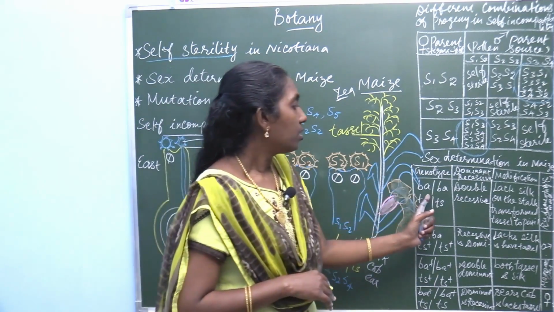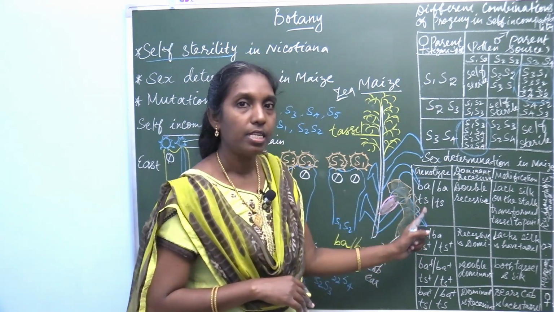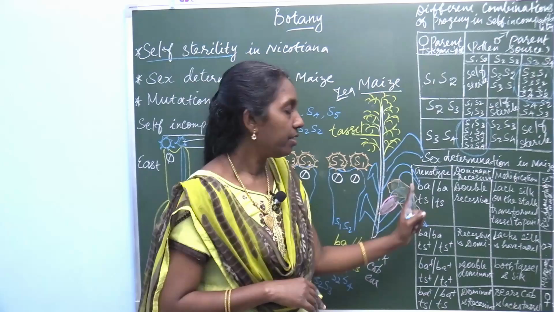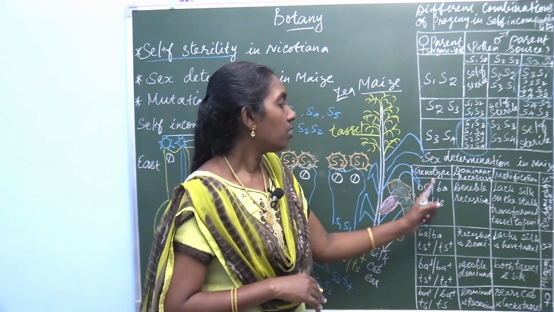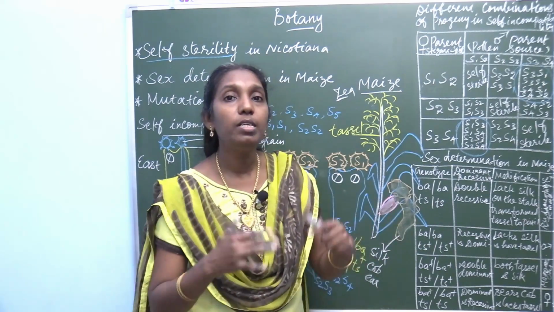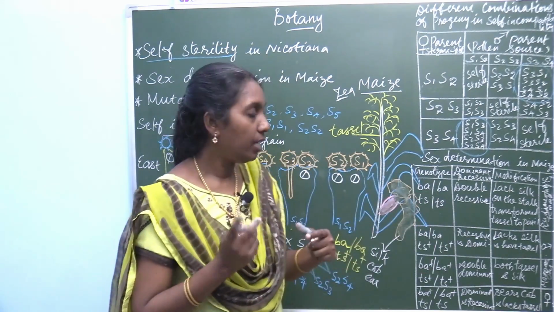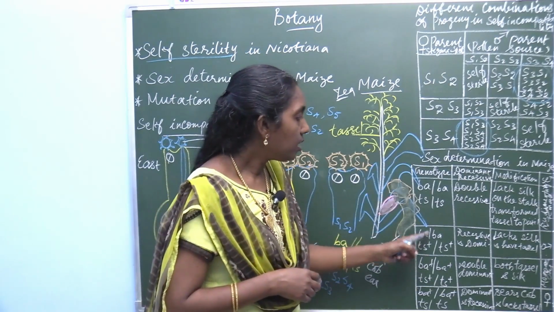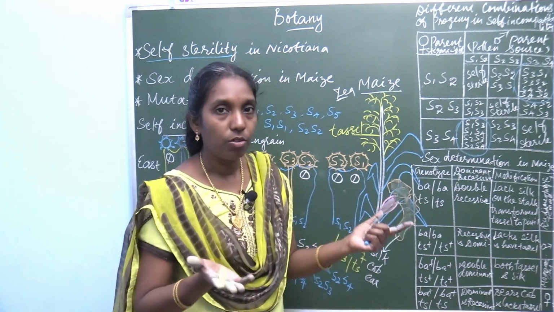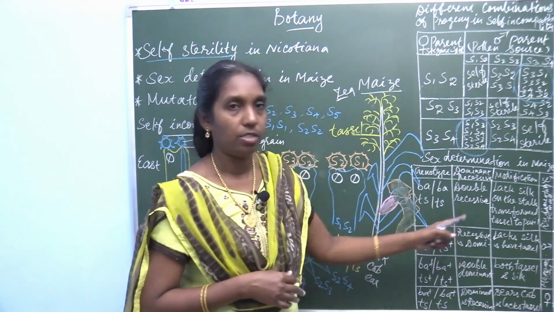So the genotype is ba ts, both small letters: double recessive, barren and tassel. Here there is no plus, there is no dominant.